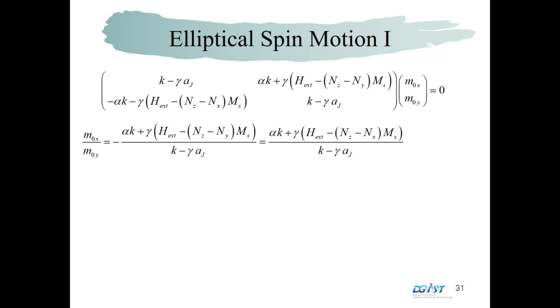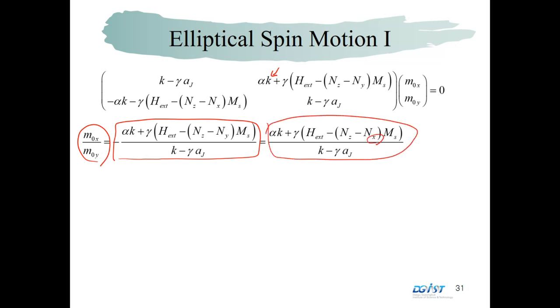And from this equation, if we insert the obtained solution k to here, we can find the ratio between x and y here. The ratio is given by this form or this form. Here the difference is here.